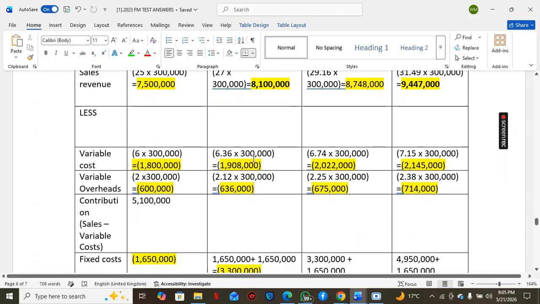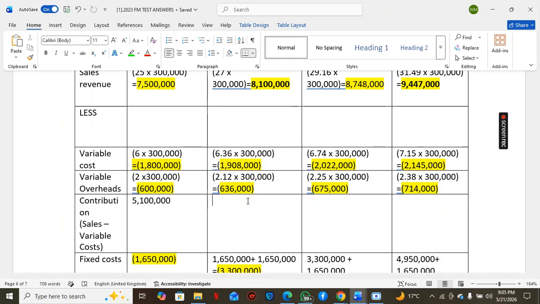Yes. Contribution, colleagues. 8,100,000 minus 1,908,000 minus 636,000. What do we get? 5,556,000.